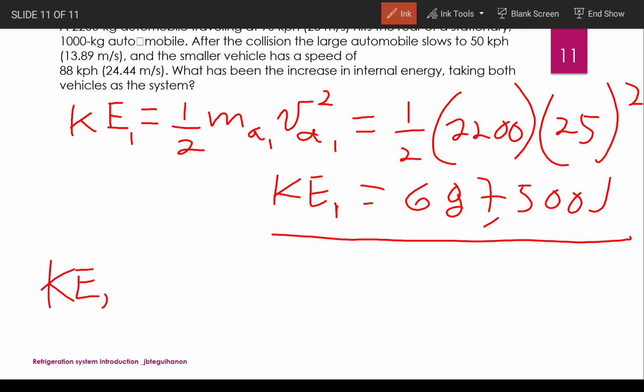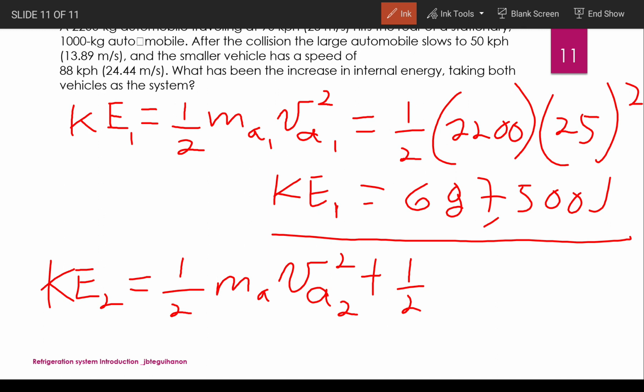Kinetic energy 2 is 1/2 mass of automobile A times velocity squared of automobile A2 plus 1/2 of the mass of B times the velocity squared of B2.